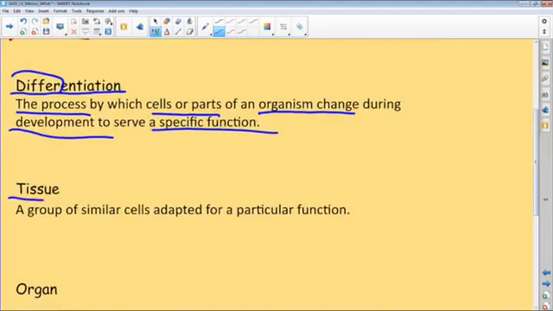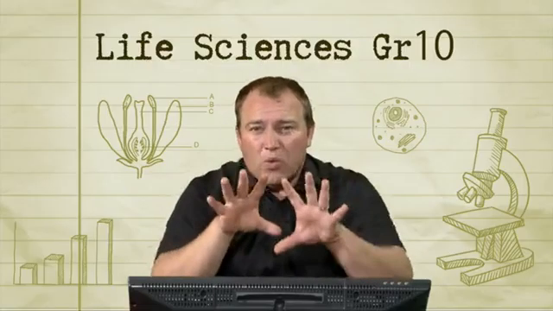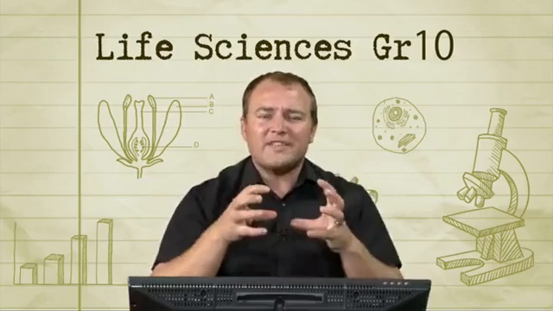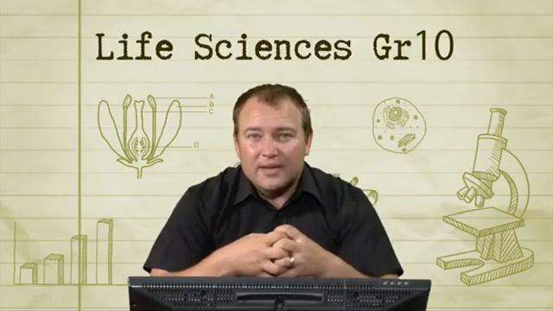Next one I want to have a look at. Tissues. Okay, now a lot of people get confused when we come to tissues, right? Because what actually happens is you have these cells. Remember, cells are the basic unit of life, okay? And these cells, when they join together, and they look similar and they do a similar function, they create this big thing called a tissue. Now, it's not the things that you blow your nose in, right?